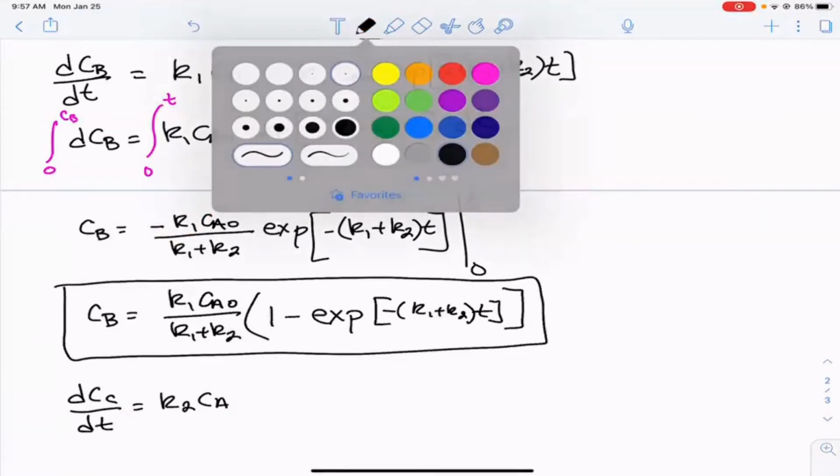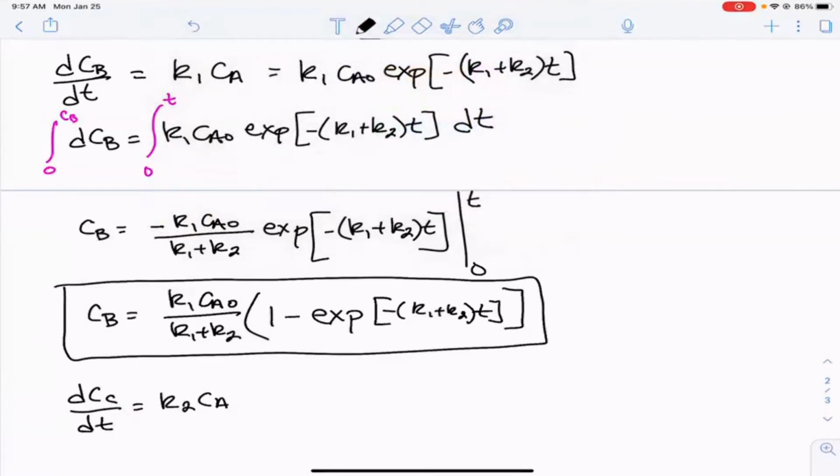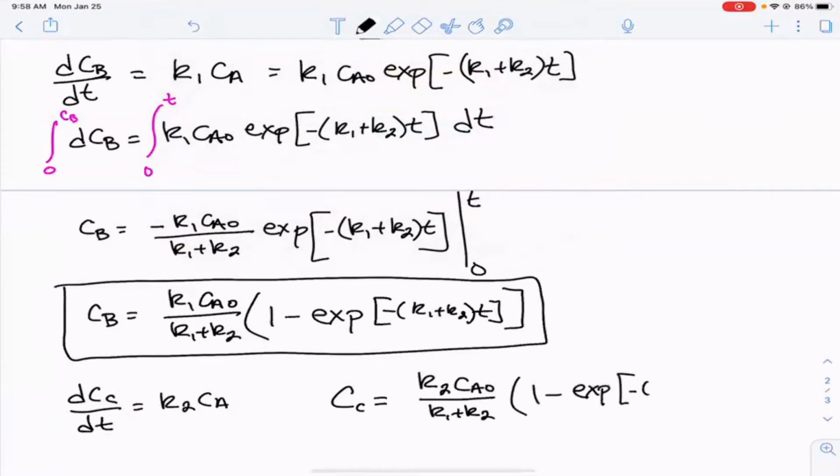So we could do the exact same math for the concentration of C, and you'd find that the concentration of C then is K2 times CA0 over K1 plus K2 times 1 minus the exponent of minus K1 plus K2 times time. Okay.